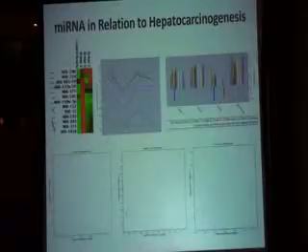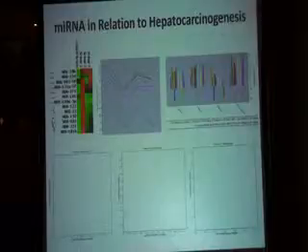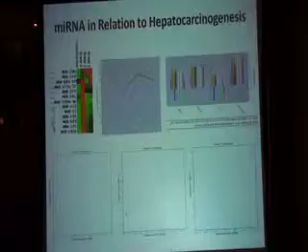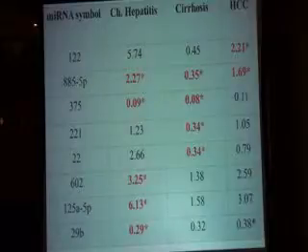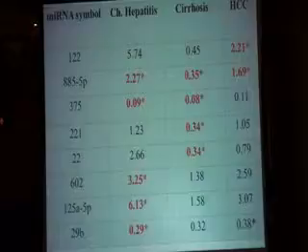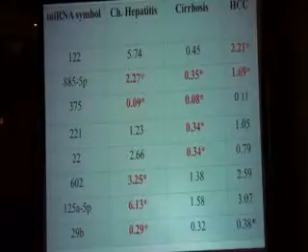On the left side, we can see the microRNAs that were differentially expressed in hepatocellular carcinoma. And we can also see that in this study we assessed microRNAs in chronic hepatitis, cirrhosis, and hepatocellular carcinoma, and we found significant changes between groups regarding the microRNA present.